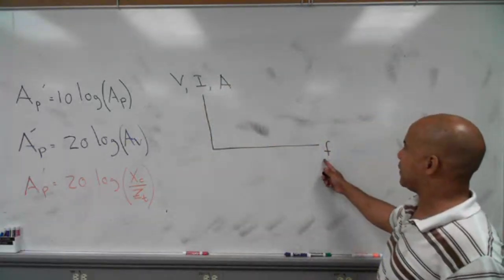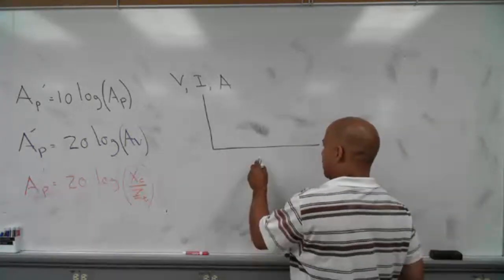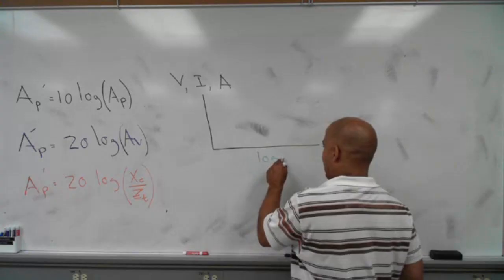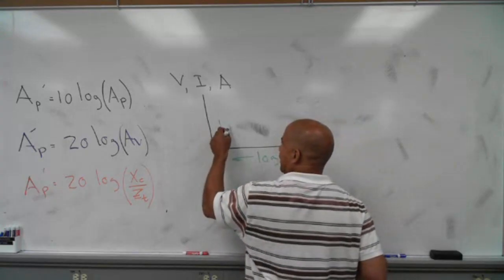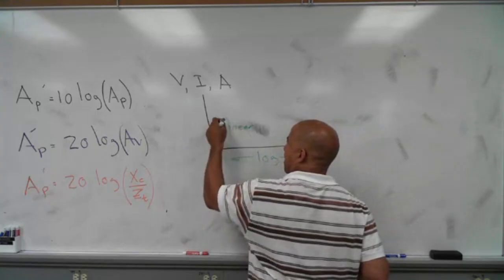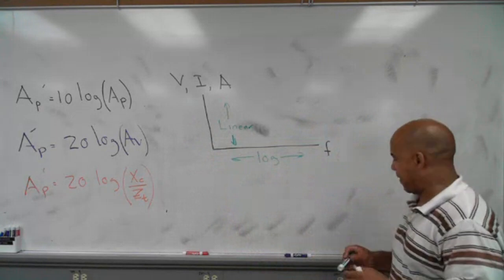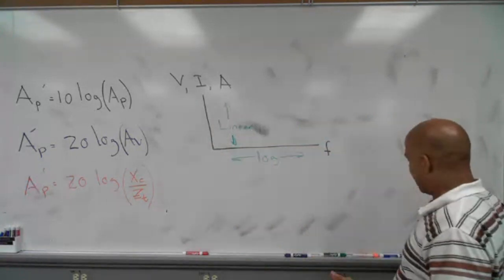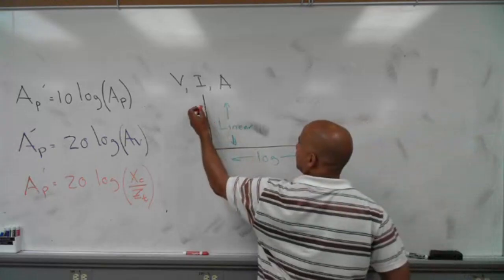This is frequency, but this scale right here is usually a log scale. So this is a log scale. And this right here is linear. This is a linear scale. But if I graph the frequency response curve for an LPF, it looks like this.